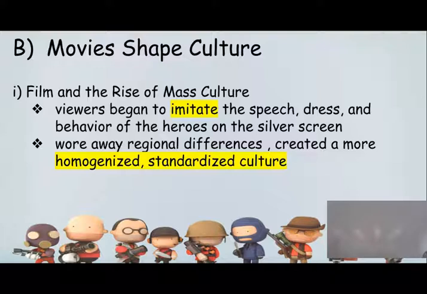Next, movies shape culture. First, film and the rise of mass culture. It was when viewers began to imitate the speech, dress, and behavior of the heroes on the silver screen, and this created a world where regional differences gave way to a more homogenized, standardized culture in America.